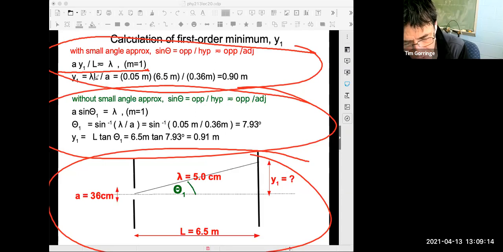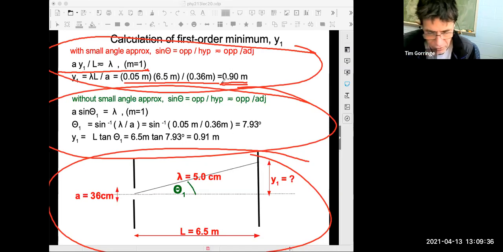And y1 equals the wavelength of the light times this distance to the screen divided by the slit width. And I filled them all in meters here. And I got the location of that dark fringe on the screen. And it was at 90 centimeters from the center, or 0.90 meters from the center. And so that was straightforward enough.